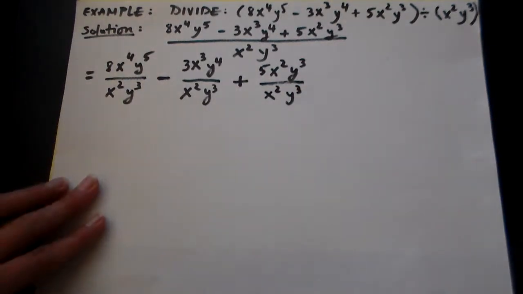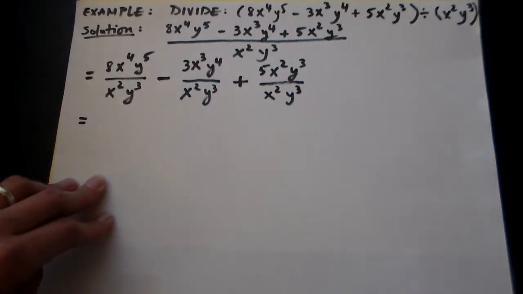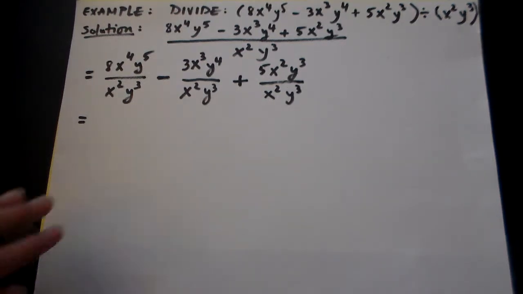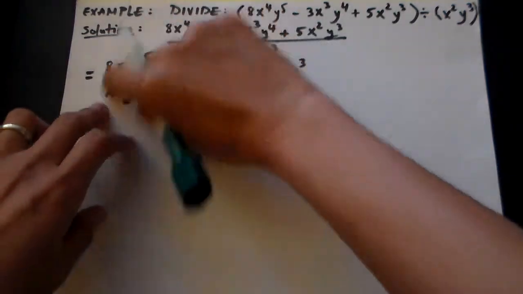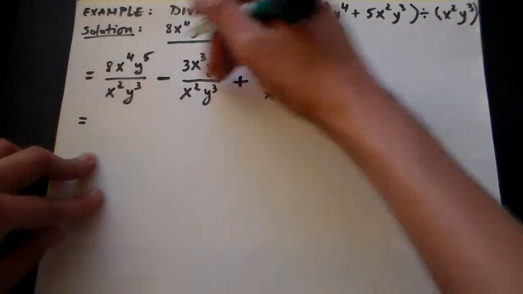Okay? Now simplify. When we simplify, we divide the coefficients, or divide the same variable together. So the coefficient on top is 8.